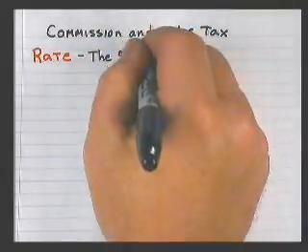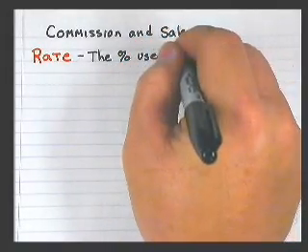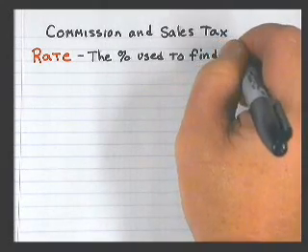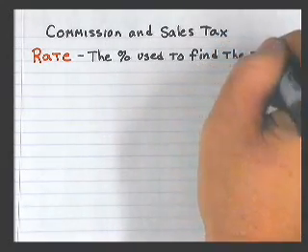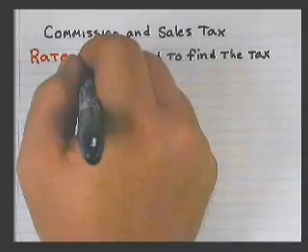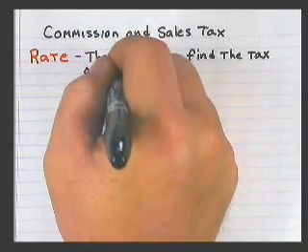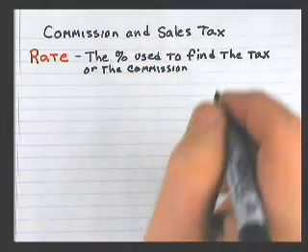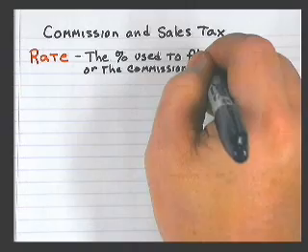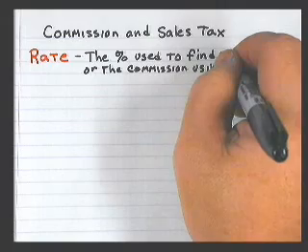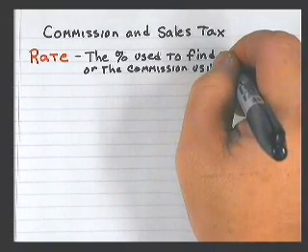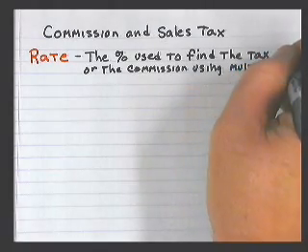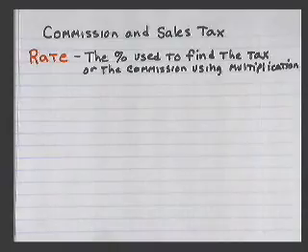used to find the tax or the commission. Okay, using multiplication.